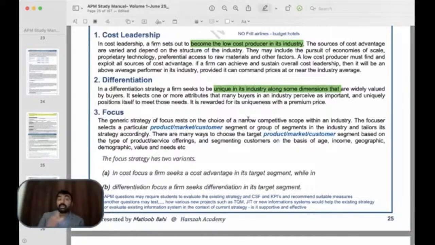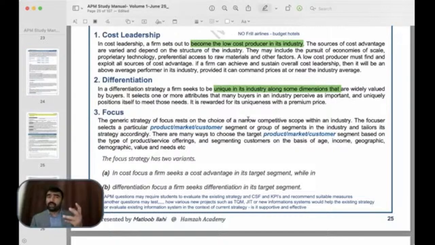But on the other side, if we look at BMW, Mercedes, or Porsche, they follow a differentiation strategy because all these cars are considered luxury cars and they have different premium value additions in terms of quality, safety, luxury, and design, and they charge premium prices as well. So this is the difference between cost leader and differentiation.